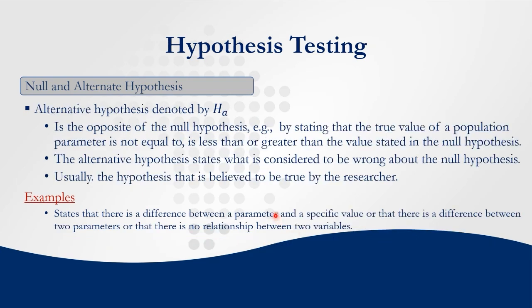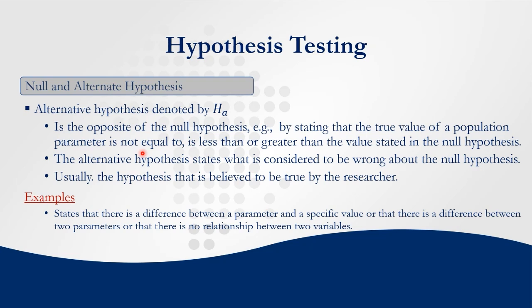The alternate hypothesis is now the opposite, right? I said the null hypothesis is what we test. The alternate hypothesis is the opposite, by stating that the true value of a population parameter is not equal to that value. So the null hypothesis will say the population parameter is this much. The alternate hypothesis will say it's not equal to whatever the value, or it will say it's less than, or it will say it's greater than.